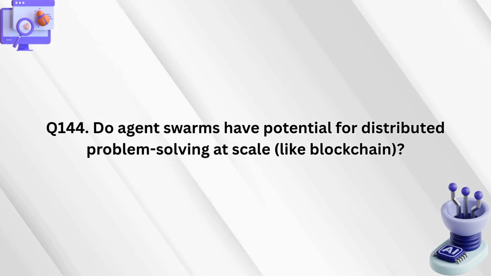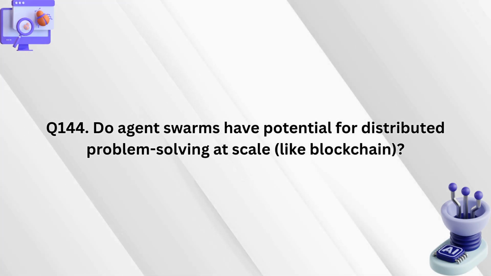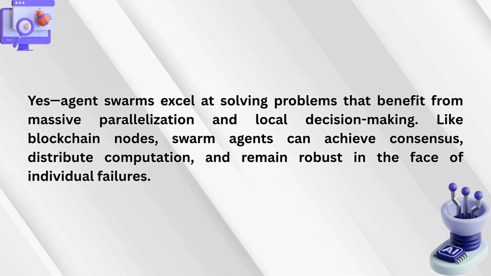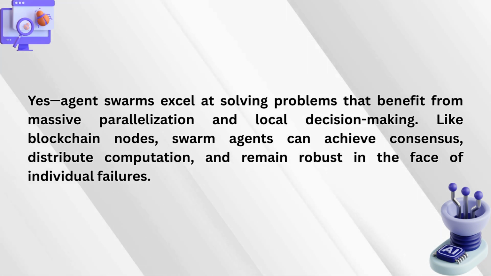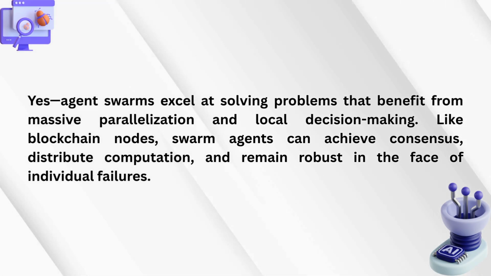Do agent swarms have potential for distributed problem-solving at scale, like blockchain? Yes, agent swarms excel at solving problems that benefit from massive parallelization and local decision-making. Like blockchain nodes, swarm agents can achieve consensus, distribute computation, and remain robust in the face of individual failures.